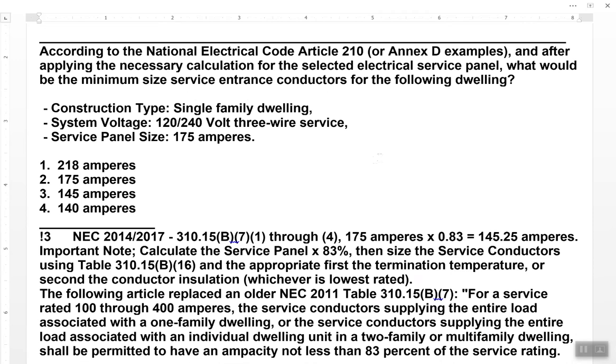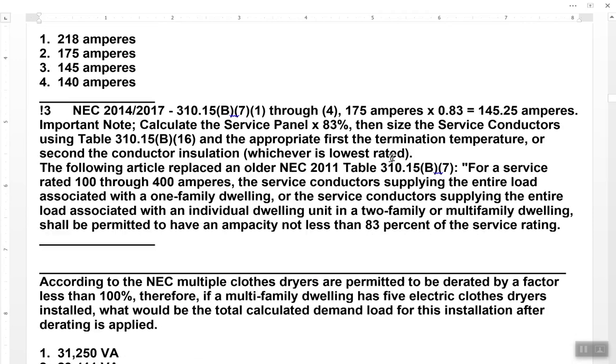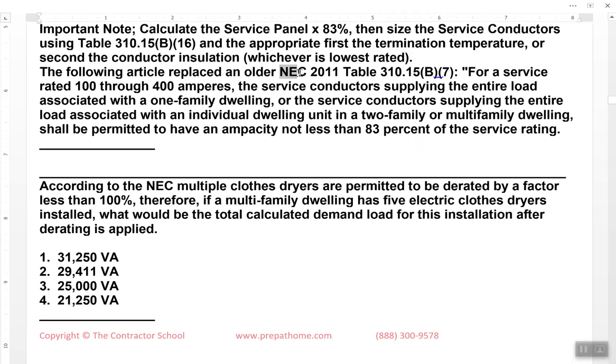When we're talking about a dwelling service, there's an old table that disappeared a long time ago. Matter of fact, it's down here in this footnote. In the NEC 2011, which is going back a few years now, there used to be a table for the service.